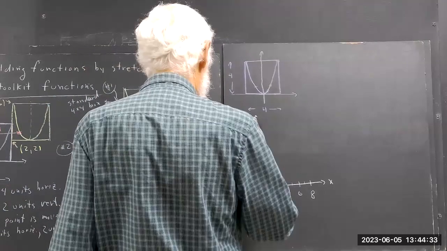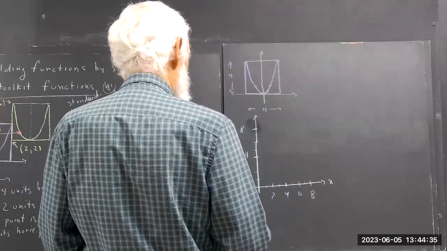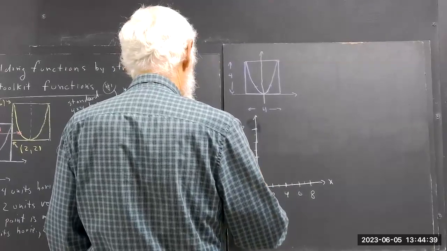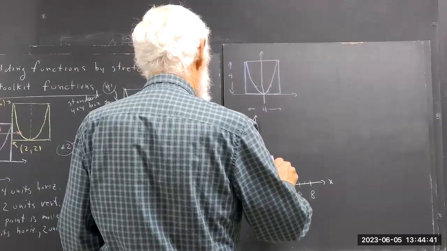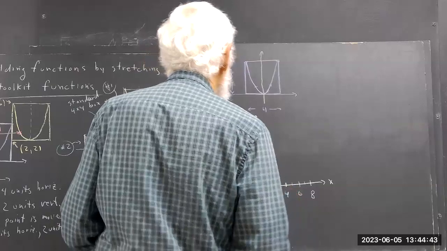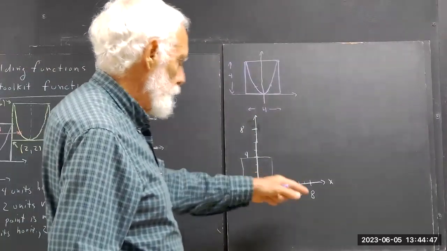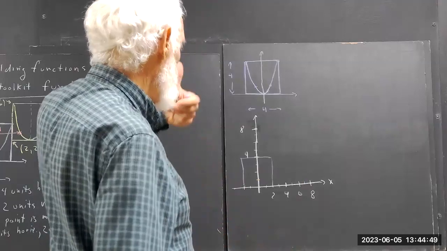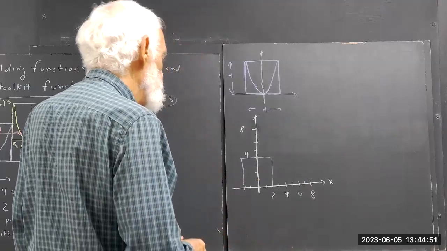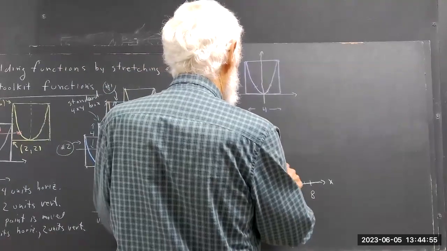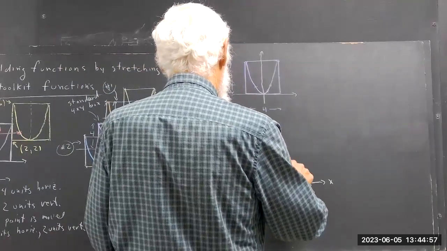I'm going to take my 4x4 rectangle, and I'm going to do the first transformation where I move this rectangle over 1 unit and up 3.